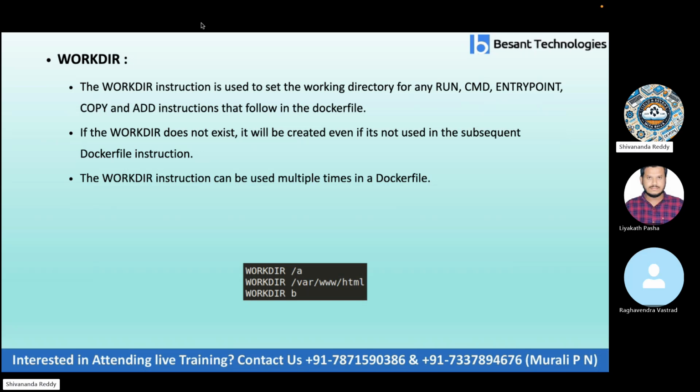Then WORKDIR. The WORKDIR instruction is used to set the working directory for any RUN, CMD, ENTRYPOINT, COPY, and ADD instructions that follow in the Dockerfile. If the WORKDIR does not exist, it will be created even if it is not used in any subsequent Dockerfile instruction. The WORKDIR instruction can be used multiple times in the Dockerfile, like WORKDIR /a, WORKDIR /var/www/html, WORKDIR b, like this can be given.